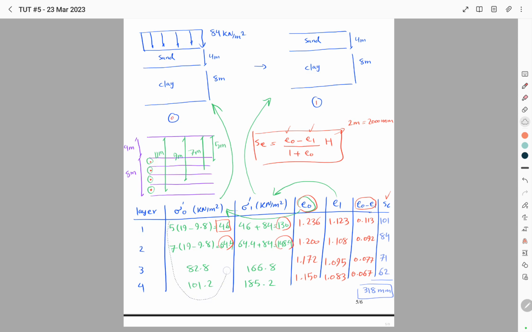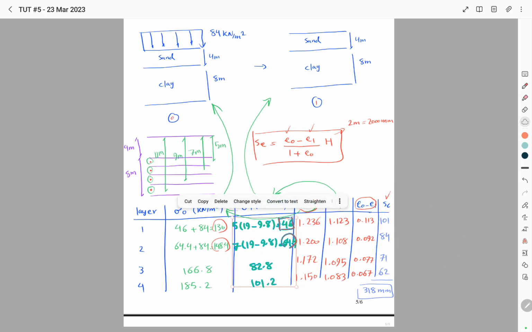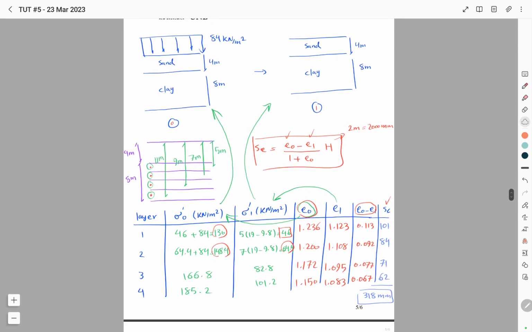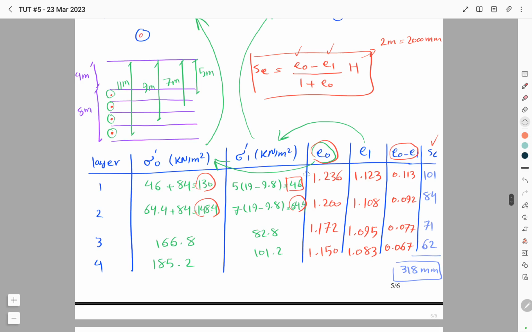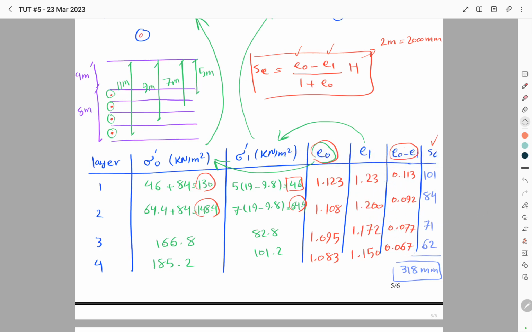So just gonna copy these. And then these two columns.